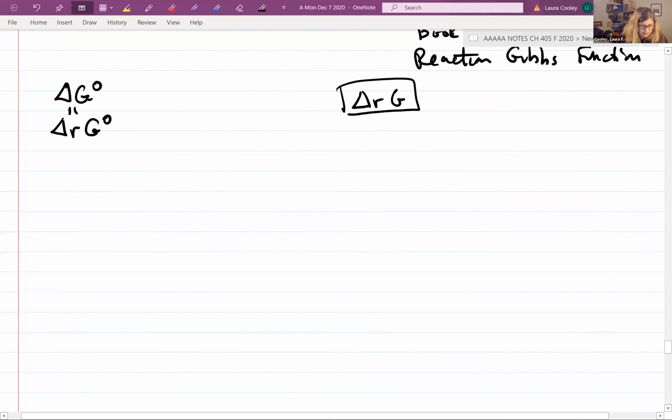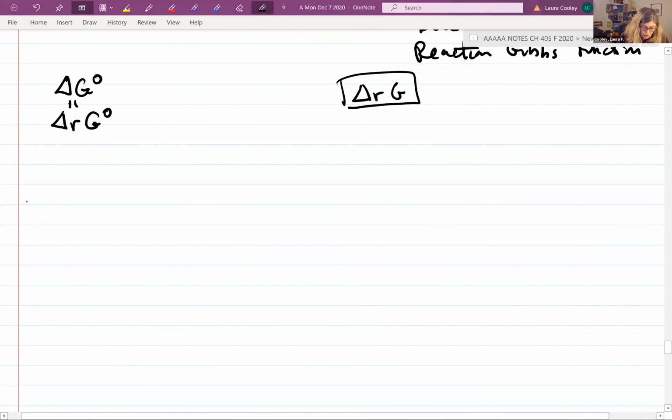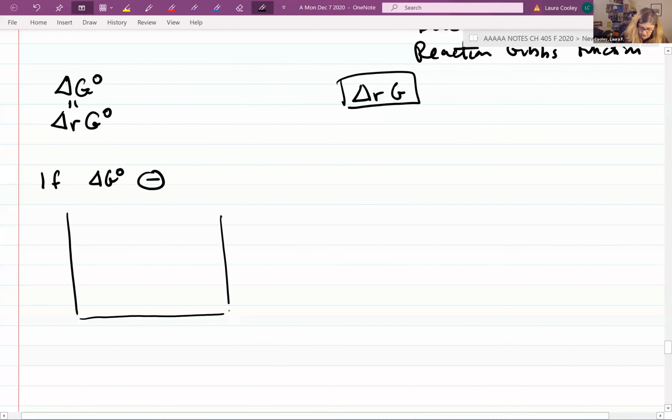But I want to point something else out to you, and that is about the drawings. And I started to say this last time. So if delta G0 is negative, then obviously, this dot is going to be higher than this dot, okay? Because the delta G0 is negative, goes down.